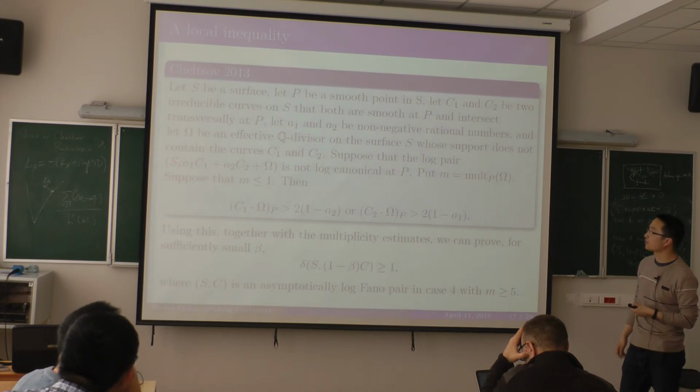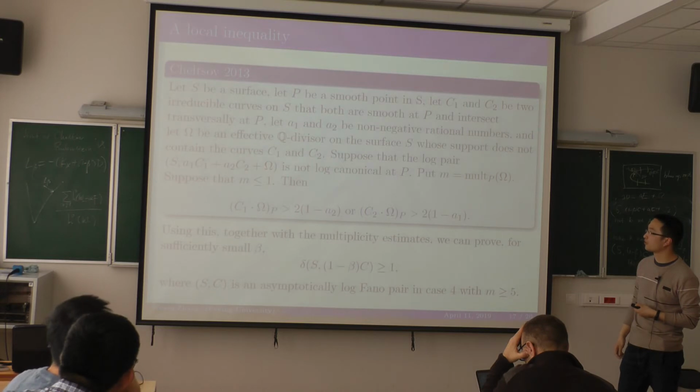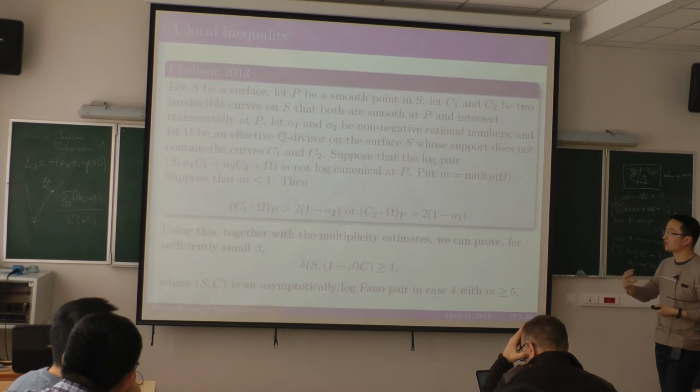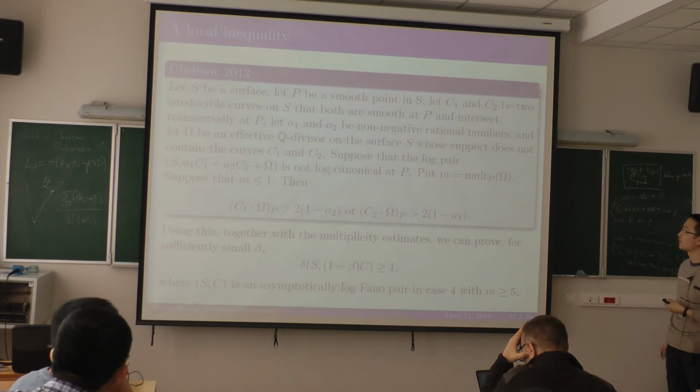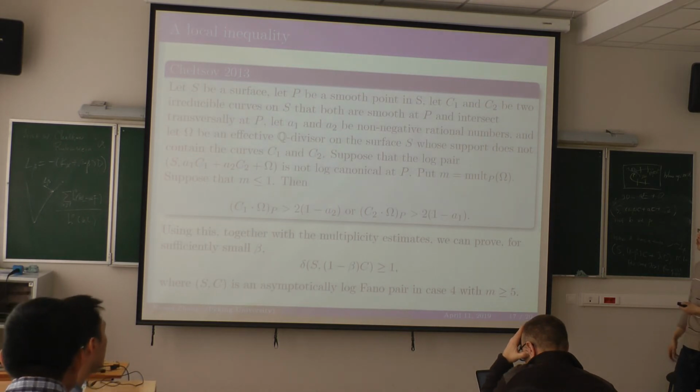Suppose we have a surface, and two curves intersecting transversally at one point, and there is some other divisor that we don't know about. Suppose this thing is not log canonical at P, then we can deduce some intersection inequality from this assumption. This estimate is obtained by blowing up.